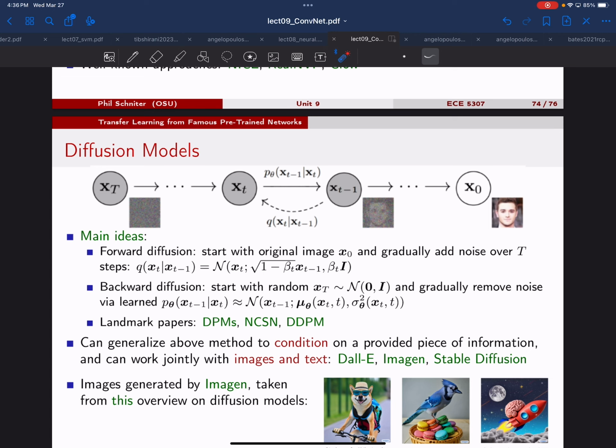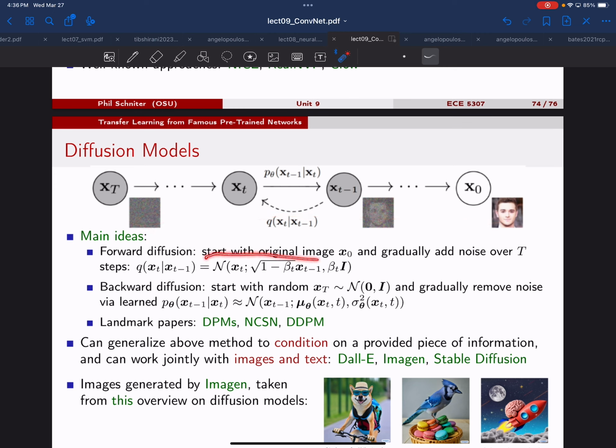The way that you train this is what's remarkable. You start with a database of clean training faces, and you add a little bit of noise to that face to get this. And then you add a little bit of noise again, slightly noisier. So this direction is super easy. This is what's called the forward diffusion.